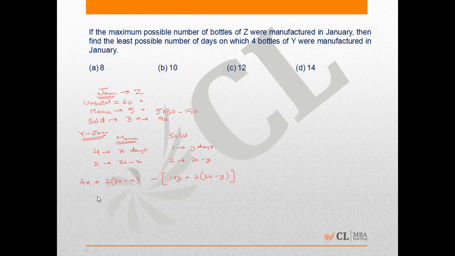On solving this, now from the bar graph, this value is given as 53. Now we have to find the least possible number of days on which 4 bottles of Y were manufactured, which is X. So we have to minimize the value of X. For minimizing X, we have to maximize Y. So the maximum value of Y is 29, which gives me the minimum value of X as 12.